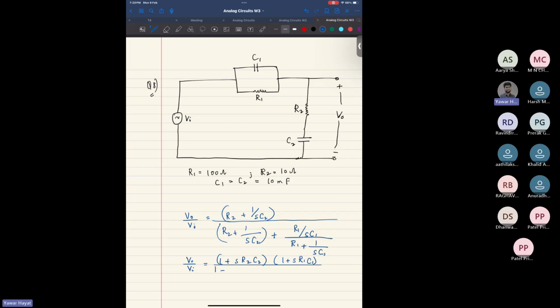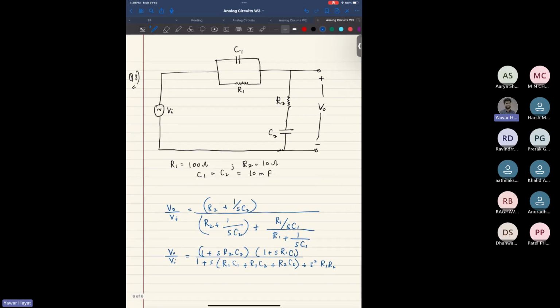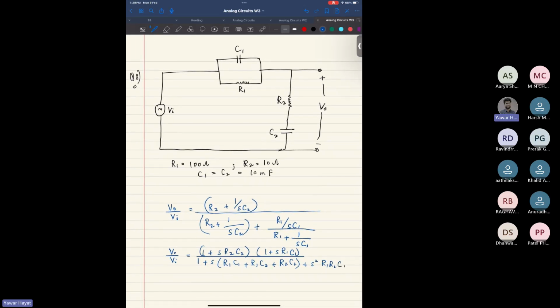And then the denominator, simplify this, this is the expression that you'll get after simplification. This is 1 plus S times (R1C1 plus R1C2 plus R2C2) plus S square R1 R2 C1 C2.